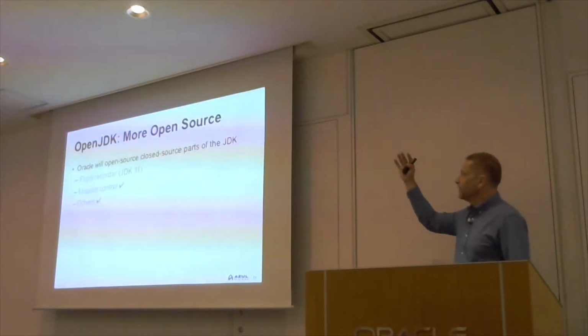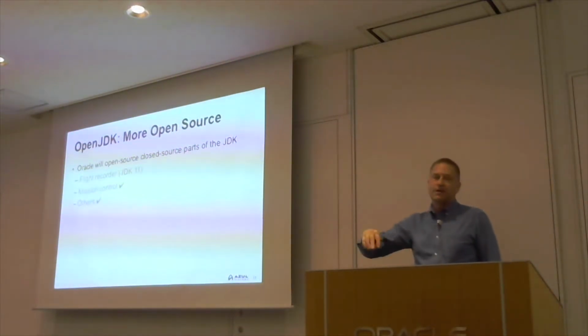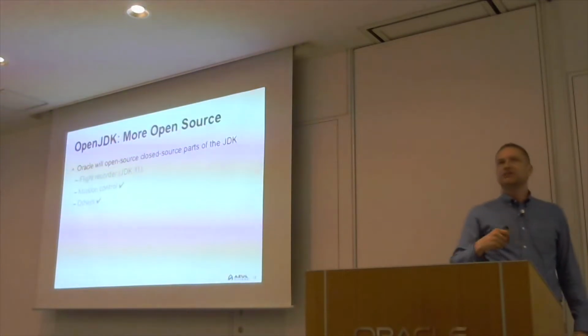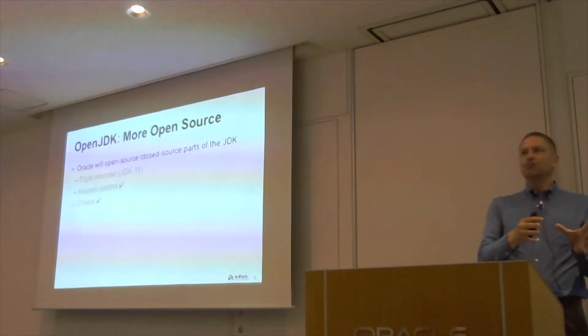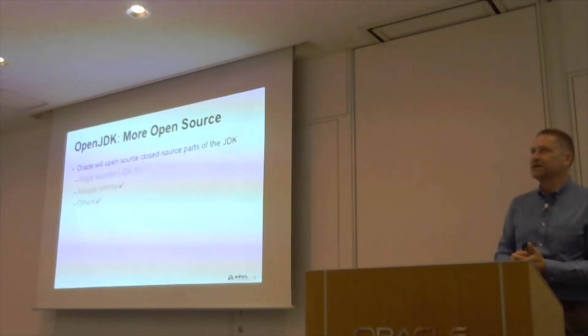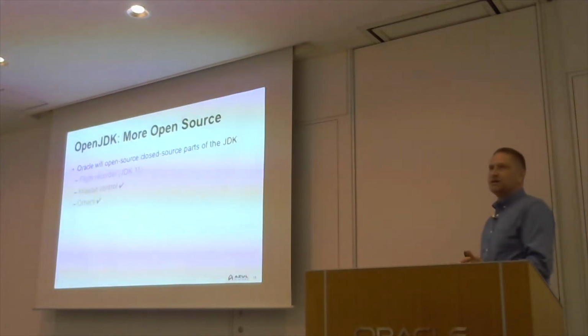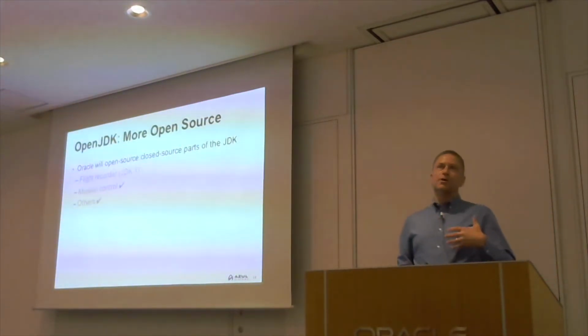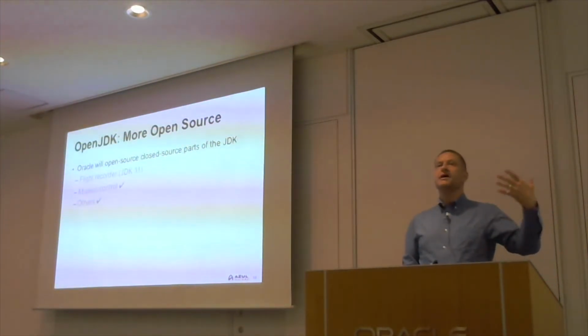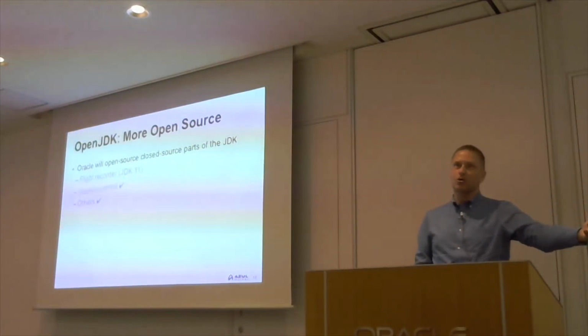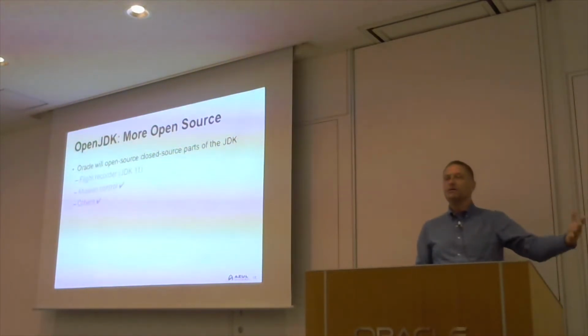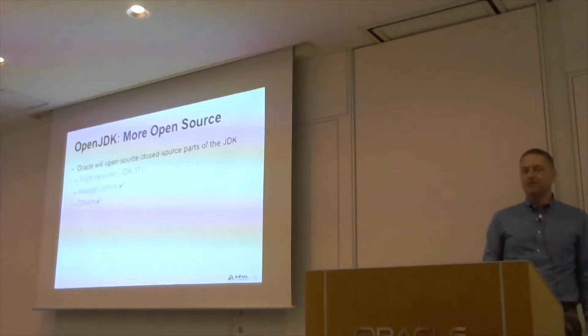Things like flight recorder, things like mission control, and some other things like application class data sharing have all been contributed, or will have been, by JDK 11 to the OpenJDK project. That means that when you build the source code, you can get flight recorder, you can get mission control, and you can use them for free, which is a change in the way things are being done.